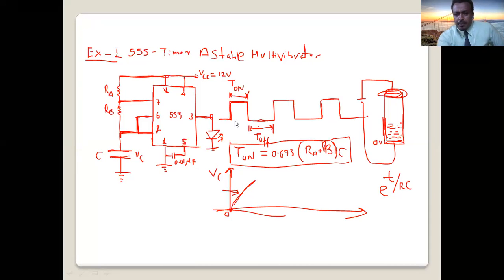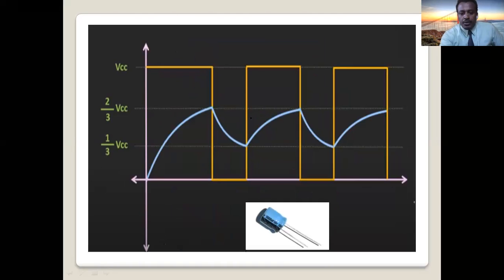So in astable multivibrator, when capacitor charges, output is on. So look here, in this on period, capacitor charges. In the off period, capacitor discharges. Okay, so let me show you here. When you see this, when output is on period, what will happen to the capacitor?